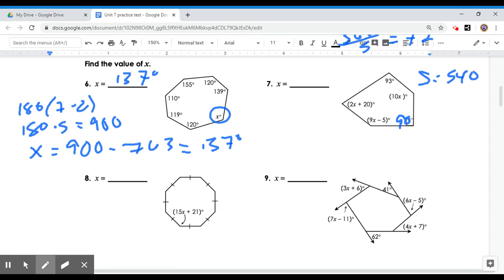So again, you find that using the 180 times n minus 2. All right, so if the sum is 540, we need to add all these up. So let's do 2x plus 20 plus 9x minus 5 plus 90 plus 10x plus 93 equals 540.